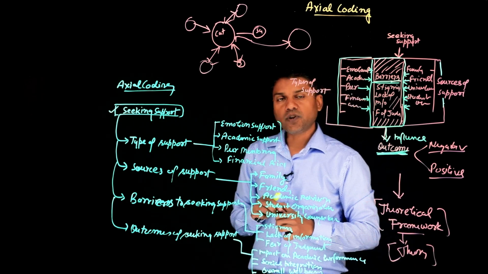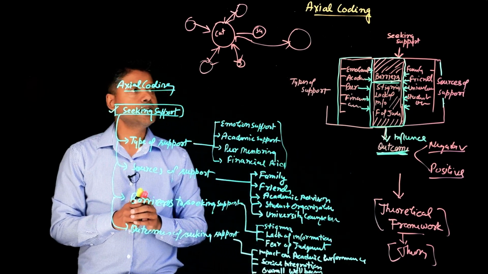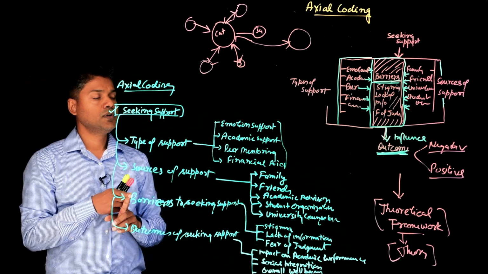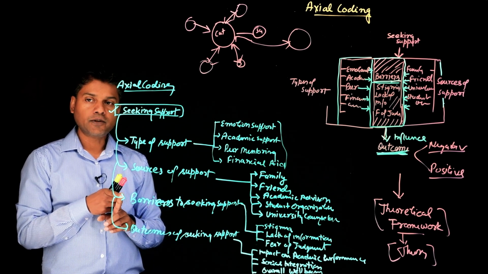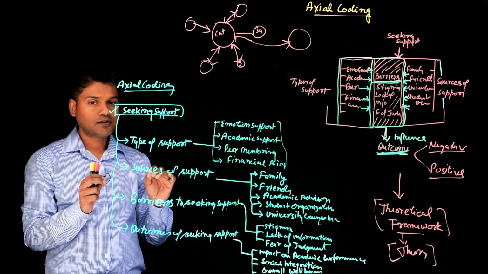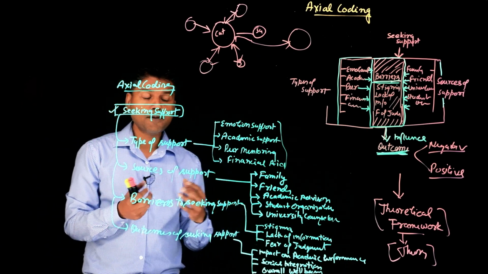So let's recap. Axial coding is a powerful technique, a second cycle coding strategy, which we use to understand the relationship between various codes, categories, subcategories, themes, if you want to use the word theme.